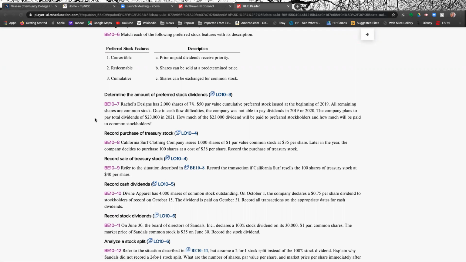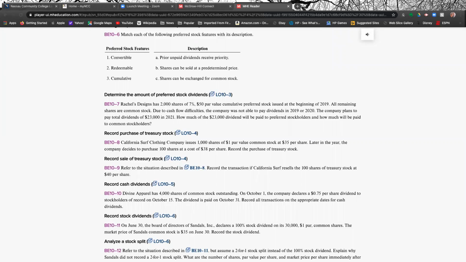All remaining shares are common stock. Due to cash flow difficulties, the company was not able to pay dividends in 2019 or 2020. The company plans to pay dividends of $23,000 in 2021. How much gets paid to the preferred and how much gets paid to the common?